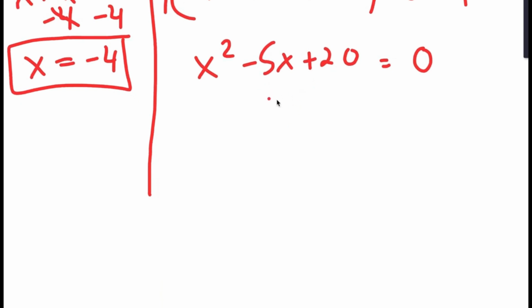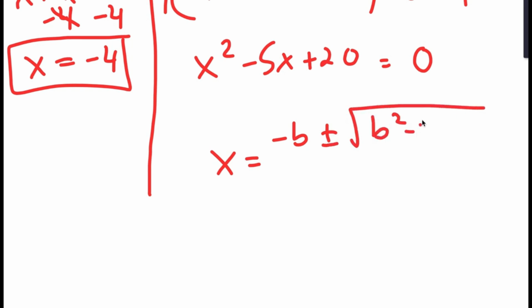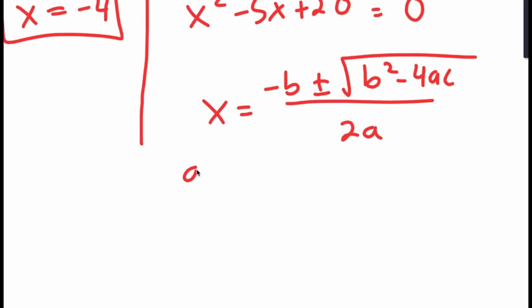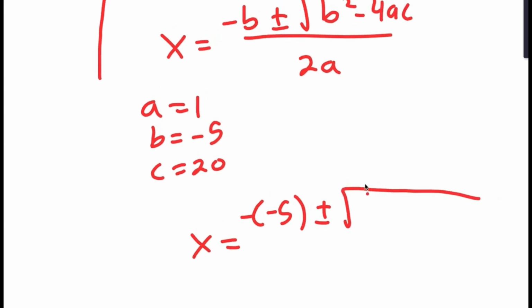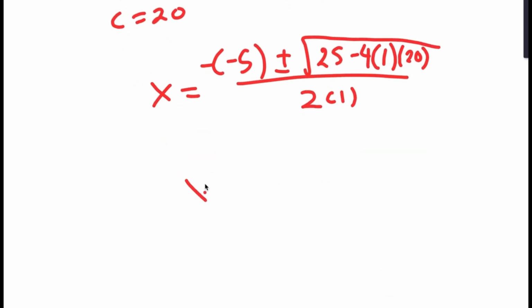And now, to solve this, I'm going to use the quadratic formula, which is negative b plus or minus the square root of b squared minus 4ac all over 2a. So in this case, a is 1, b is -5, and c is 20. So I get x is equal to negative of -5 plus or minus the square root of b squared, which is -5 squared, which is 25, minus 4 times a, which is 1, times c, which is 20, all over 2a, so 2 times 1.